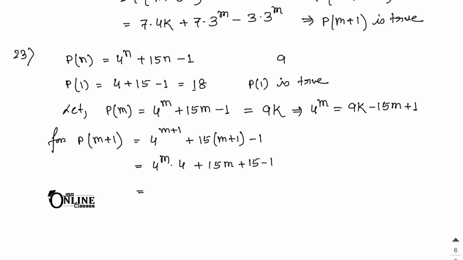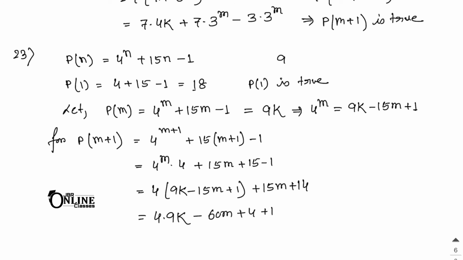So in place of 4 to the power m, put 9k minus 15m plus 1, and here 15m plus 14. So it will be 4 into 9k, then minus 60m plus 4, then 15m plus 14.